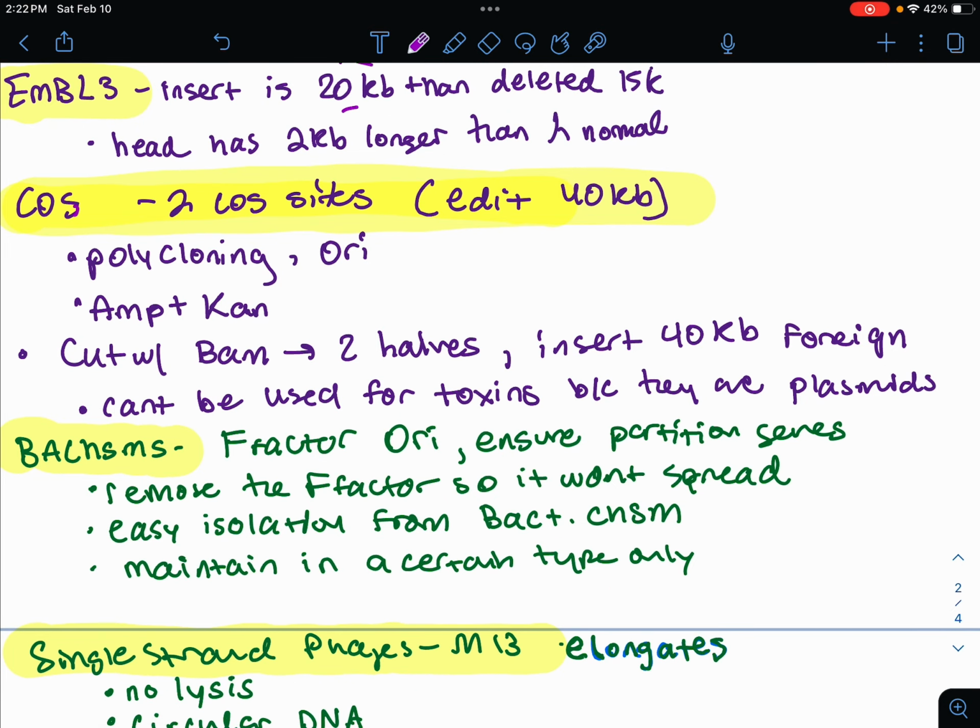When the recombinant DNA is mixed with the proteins that form the phage capsids, the capsid is assembled, and it's going to be packaged into the particles. After packaging, the new phages are going to be used to infect host bacteria with nearly 100% efficiency.